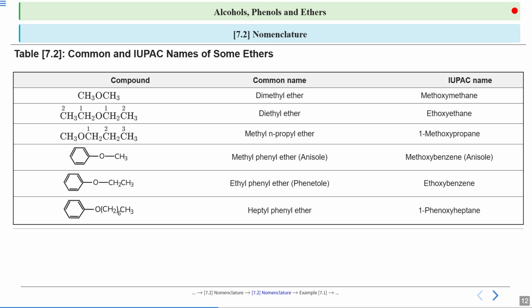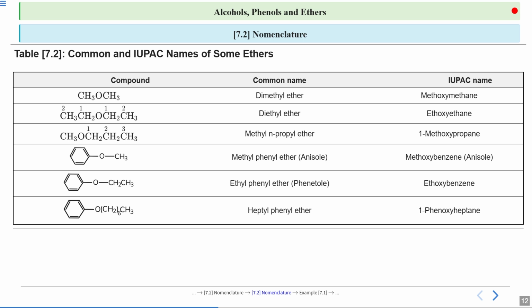The common name is methyl n-propyl ether, because we have to write the names of the two alkyl groups alphabetically and then add the word ether to it. The IUPAC name of it is 1-methoxypropane. The parent chain will be propane, and at the first carbon of the propane we have a methoxy substituent. So 1-methoxypropane.